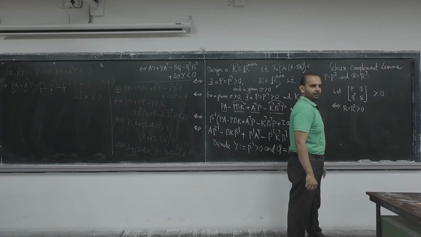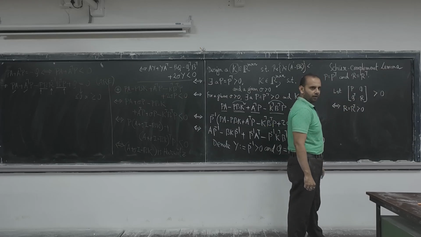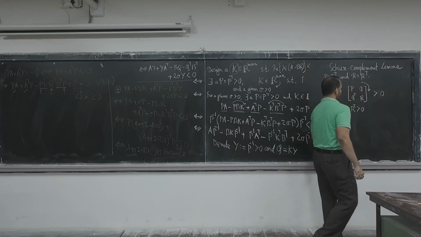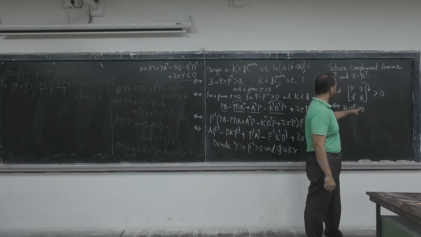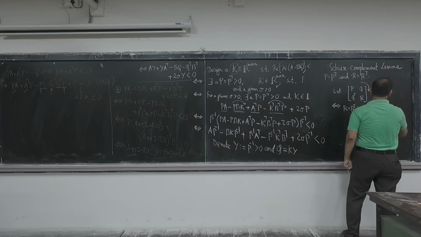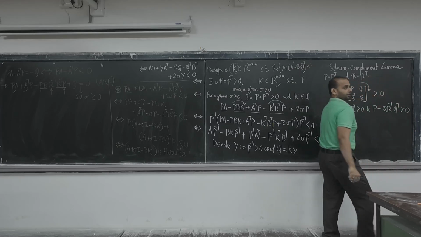R positive definite. Then what is the Schur complement of this matrix with respect to R? With respect to R means R inverse will come into the picture. So you have to start from the element which is diagonal to R, right? So P minus Q R inverse Q transpose greater than 0.